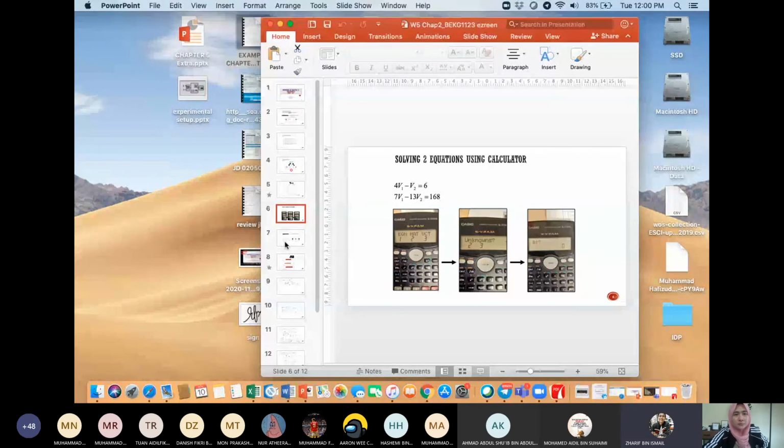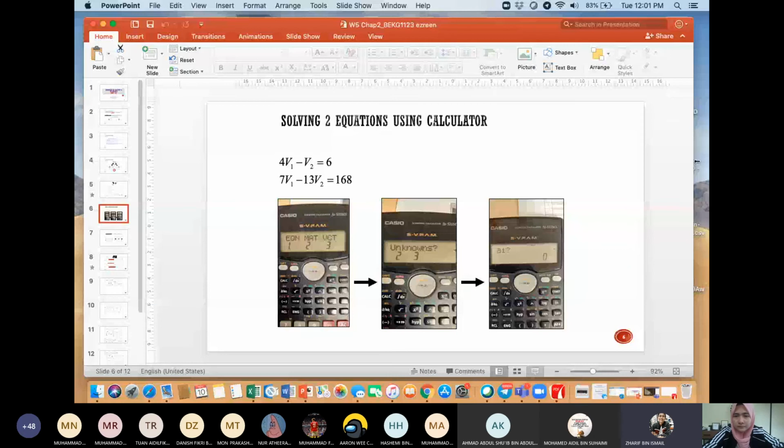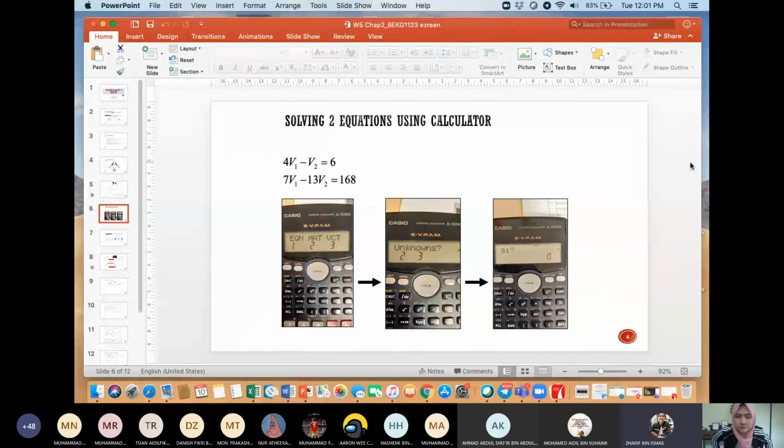Madam. Ya. Masa SEM 1 tahun 1 hari tu, untuk statik ada soalan yang guna simultaneous equation juga. Then bila guna, sebab ada 2 version calculator, calculator hitam ni dengan calculator warna silver tu, dia dapat jawapan berbeza je, madam. Tak pernah try lah sebab biasa saya pakai yang ini.